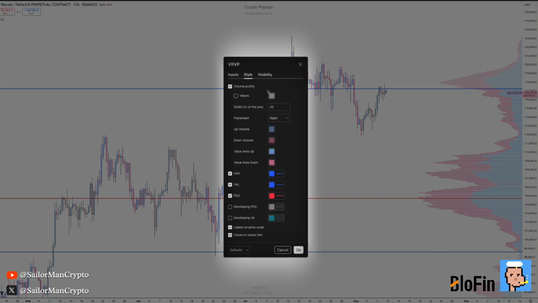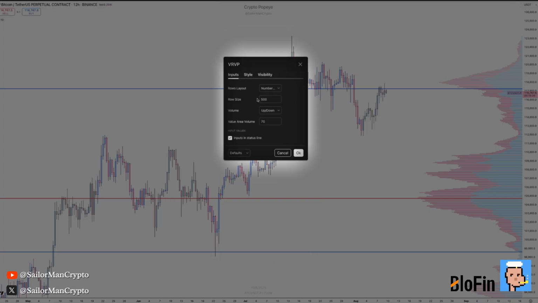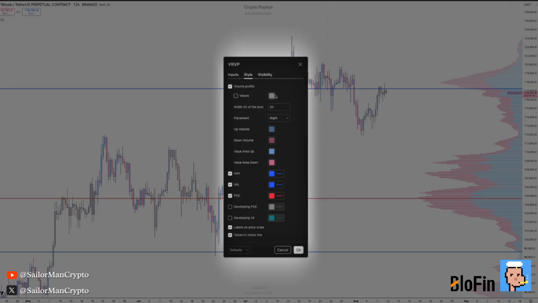These are the settings that I use, but I think it's very personal. You can save it. I keep row size at 500 to have more detail, and the value area at 70. The style I keep at 20%.